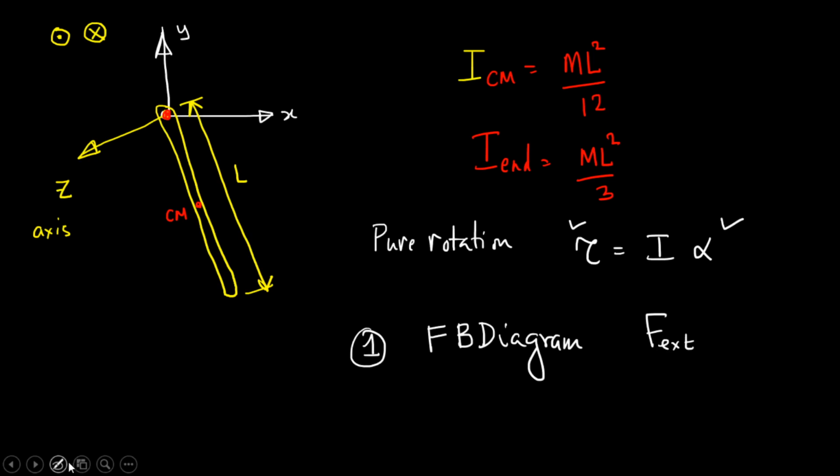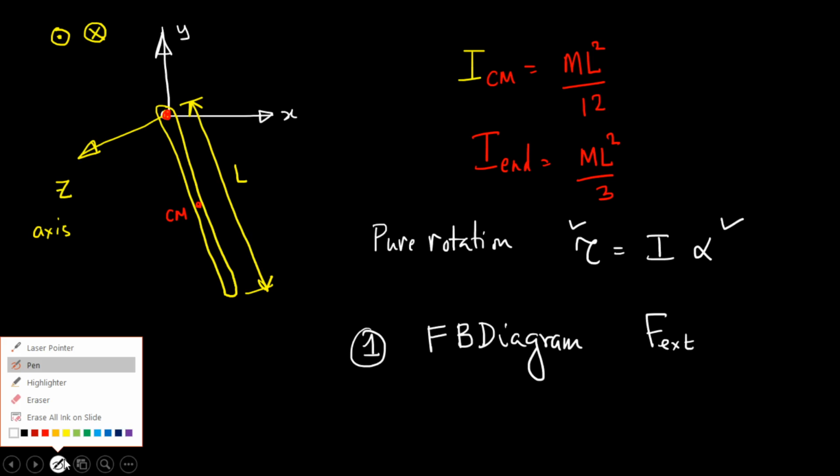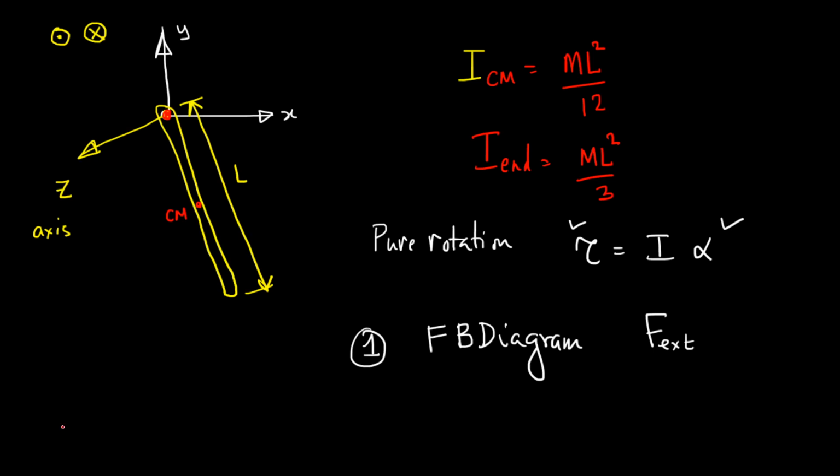Now, there is a force coming from the pivot onto the scale, and what color should I use? Okay, red. So there is a force coming from the pivot onto the scale. All we can say about this force, the external force from the pivot, is that it is in the xy plane. So we are always going to assume that it's in the xy plane.